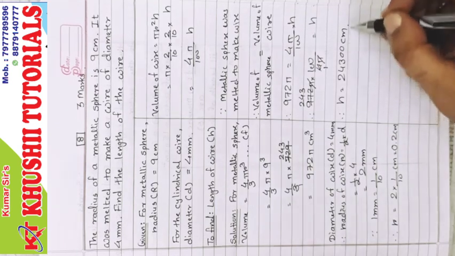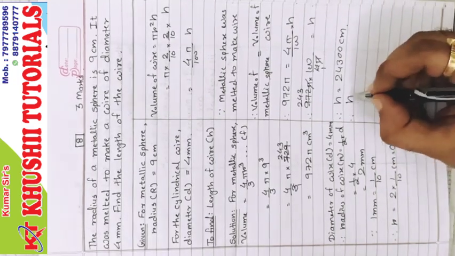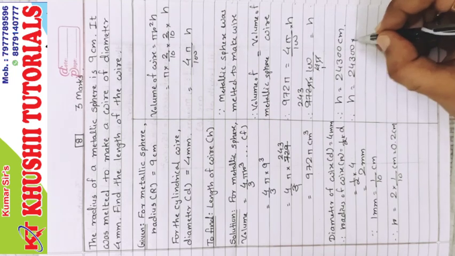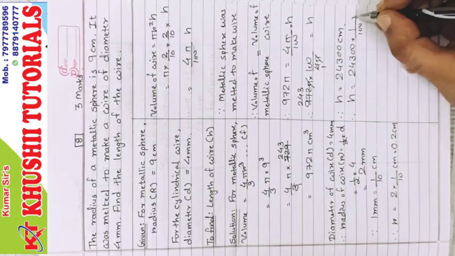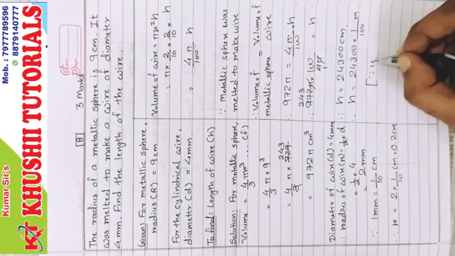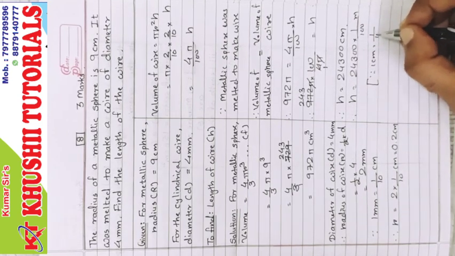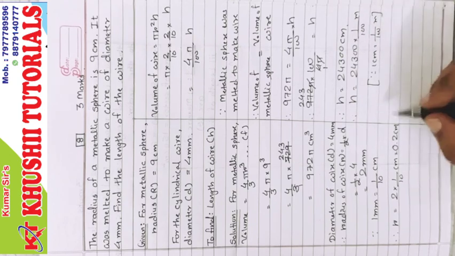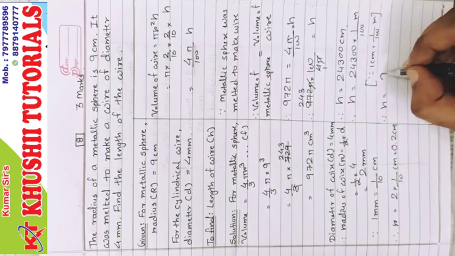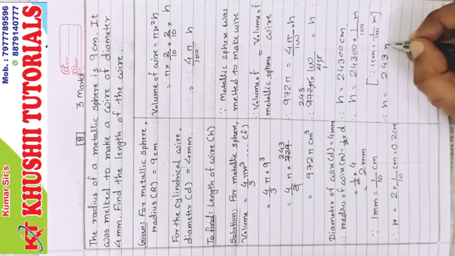Now you can keep it in centimeter, but as per the back answers it has been converted into meter. So therefore height equal to 24300 into 1 upon 100 meter, since 1 centimeter is 1 upon 100 meter. Therefore height equal to 0000 will get cancelled and 243 meter.